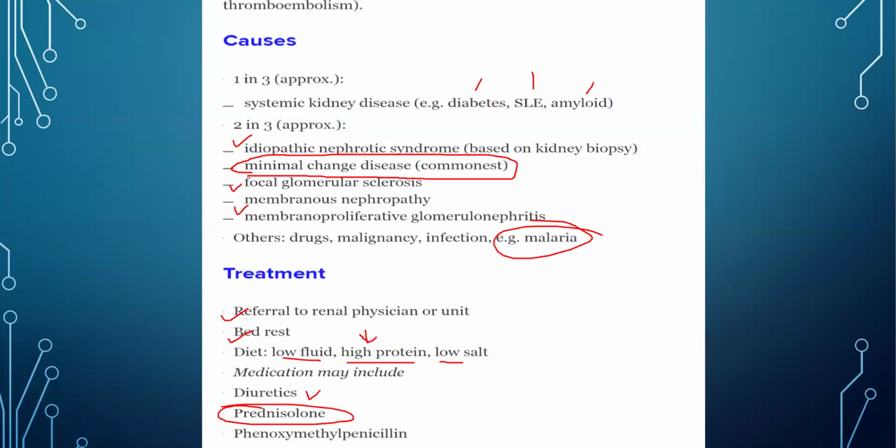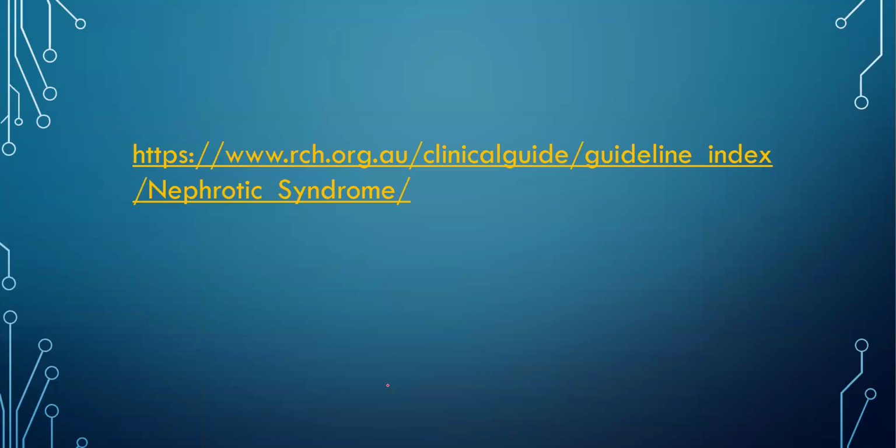For fluid, you can give them diuretics. Many times, this kind of patient is more prone to develop clots, such as septic thrombophlebitis, and they can also get renal vein thrombosis. That's why sometimes we put them on aspirin to minimize the risk of clots.